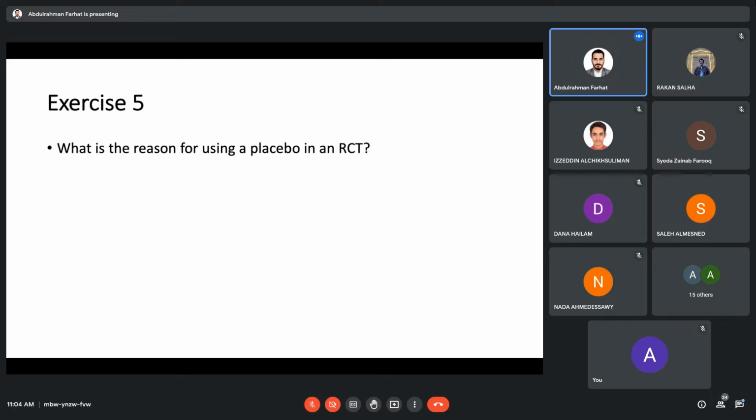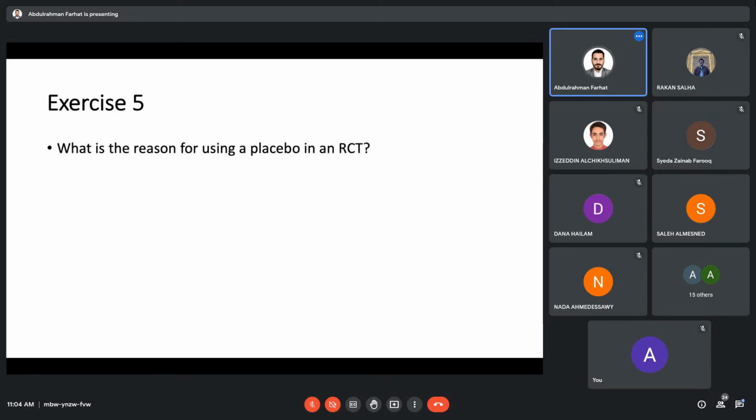Okay, so what Saleh was trying to say is that a placebo will prevent some assumptions or pretending. And what we call this in epidemiology or research is bias.